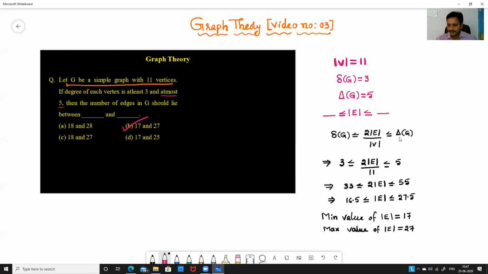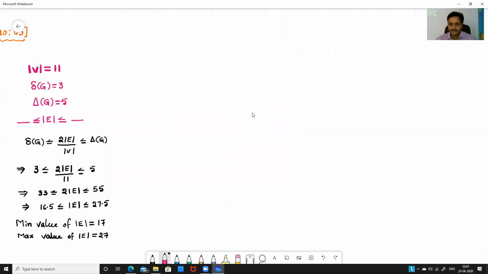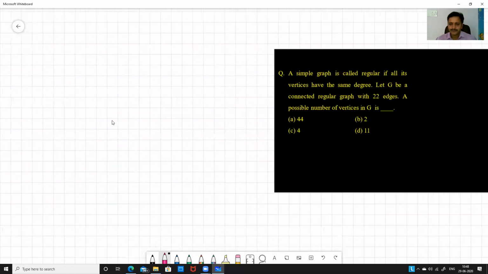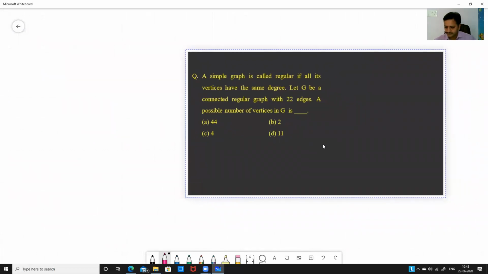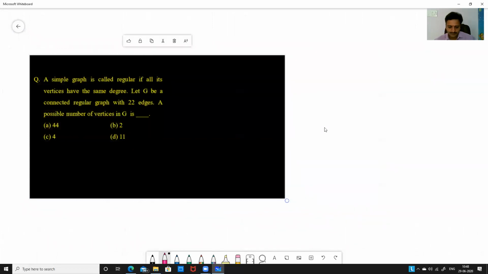Let me go for the second problem. So now look at the second problem. A simple graph is called regular if all its vertices have the same degree.